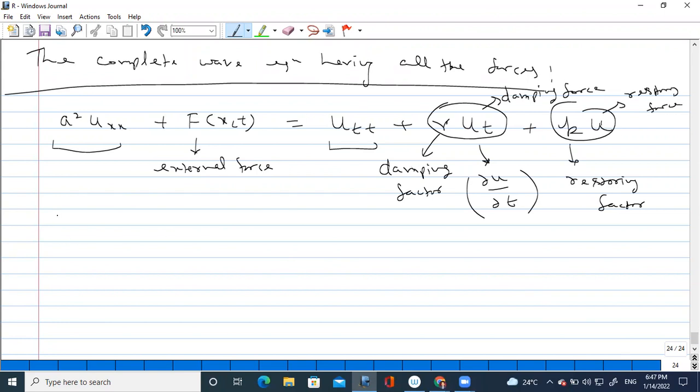Okay. So we can say this type of problem, when all the forces are there, is very difficult to solve.